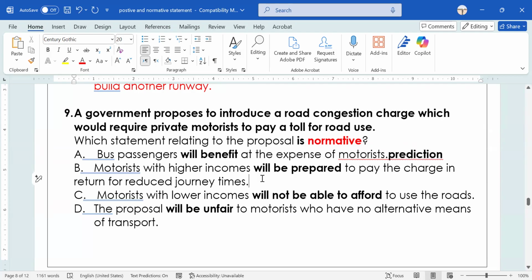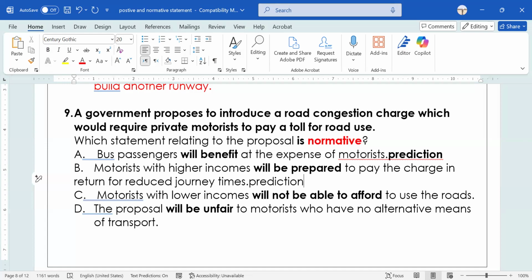Letter B, motorists with high incomes will be prepared to pay the charge in return for reduced journey times. This one is again another example of a prediction. This one is a behavioral prediction based on income and preferences.